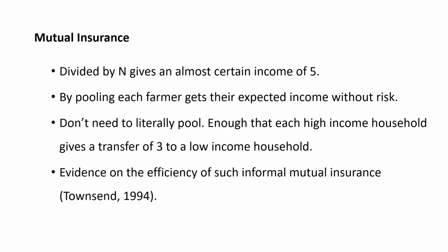Now, of course, in practice, you don't literally need to bring everybody and put everybody's money in a bag and then distribute it. It's enough that if you have a high income, you give a transfer of $3 to a low-income household. Now, why would you be willing to do that? It may have to do with your kinship, maybe your community.